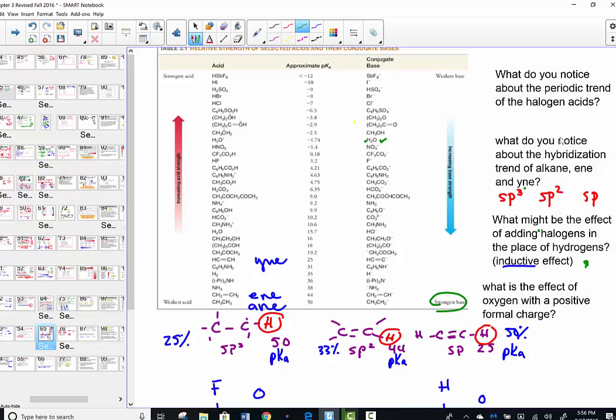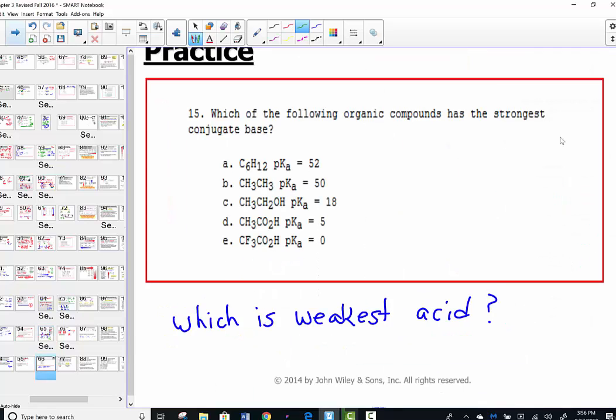Here's water, its conjugate acid, H3O+. Here's methanol, its conjugate acid, CH3OH2+. Water was the weaker base. The protonated methanol is the weaker acid. I hope I said that right.